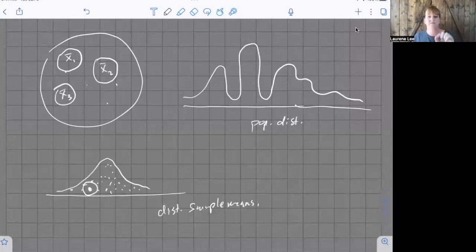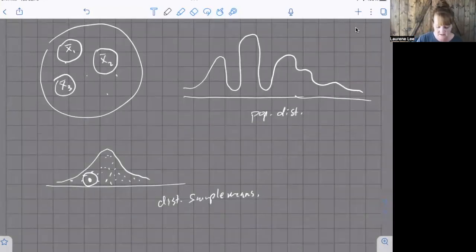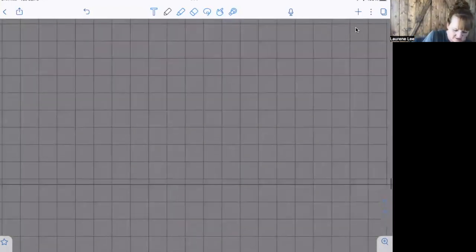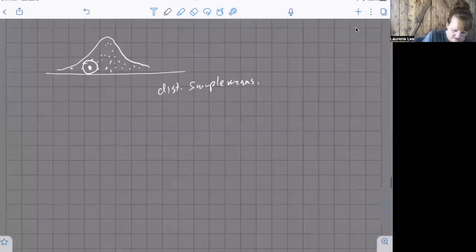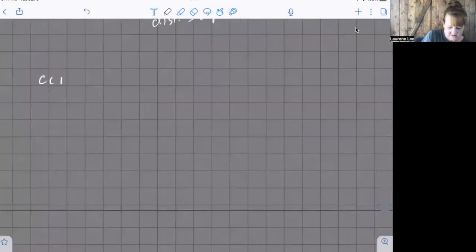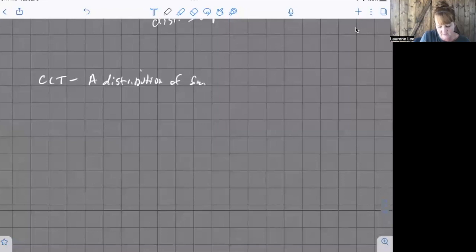So your problems in 5.4 are going to look really similar to 5.2. The CLT, the central limit theorem, as we call it, says that a distribution of sample means is normal if one of two things happens.